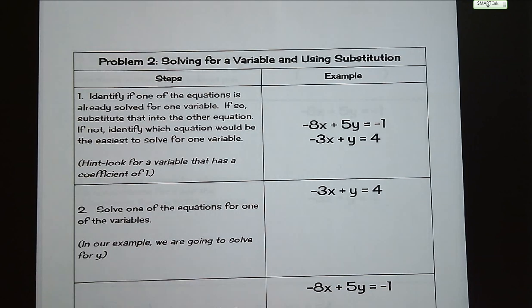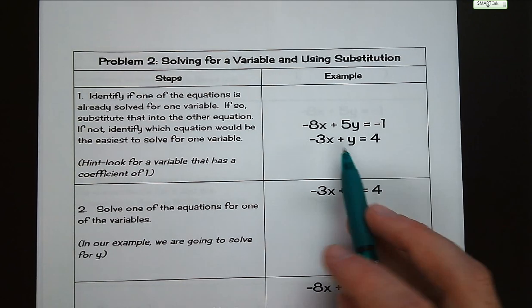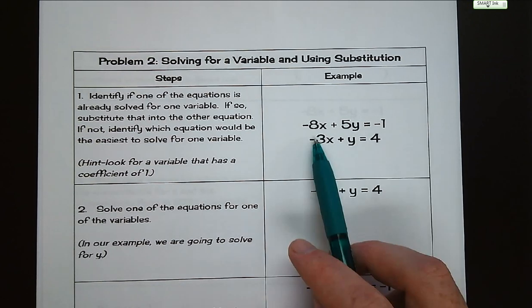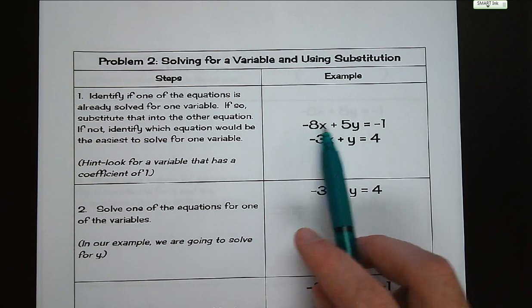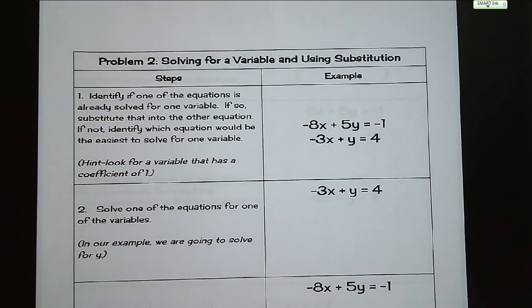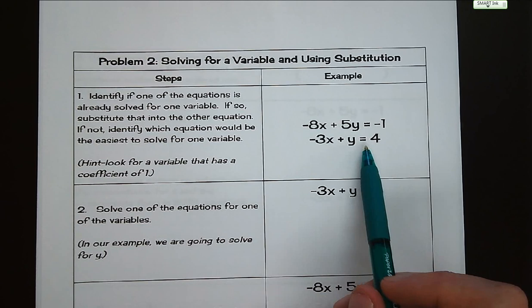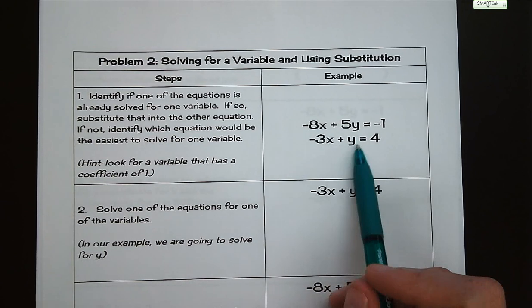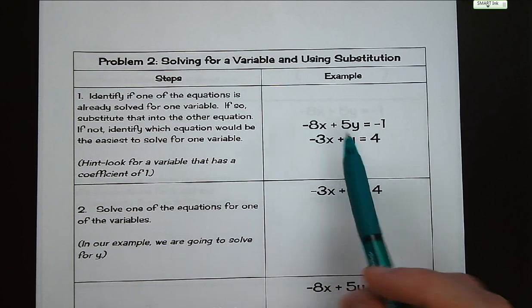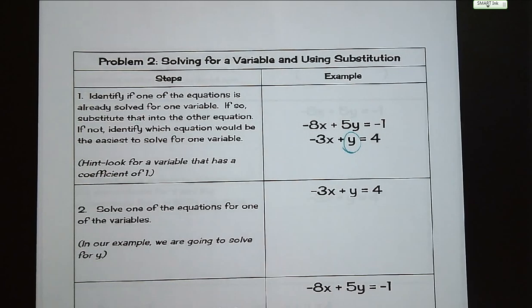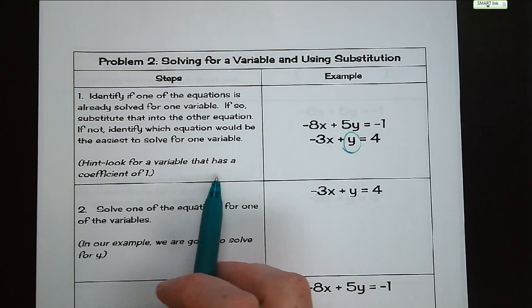So I see that in my two equations, my first equation has coefficients on both x and y. So we would have to be doing some subtraction and division, so that's a lot of work. But I see the equation in my second setup has y all by itself with a coefficient of 1. That's going to be the variable that I want to look for. So our hint is to look for a variable that has a coefficient of 1.